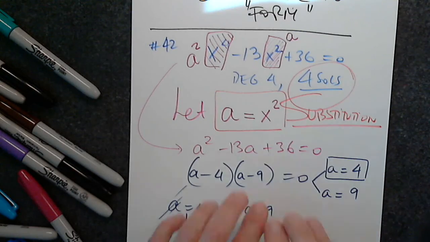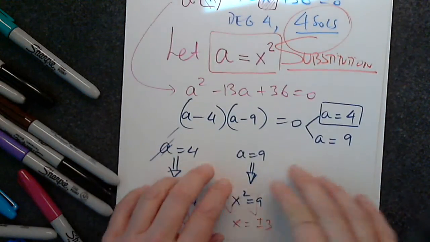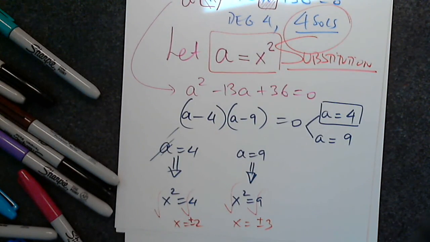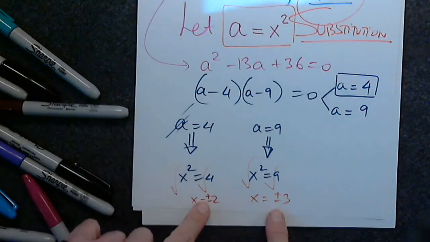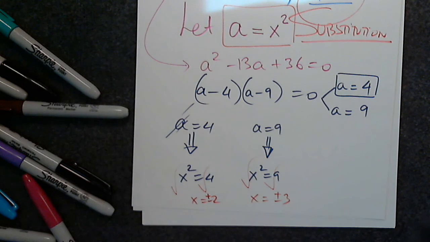We got a much simpler equation to solve. We solved this in terms of a, but that is our inside protocol, if you want. We still have to present the solution in terms of x. We can't use a as the final answer. And we also expected 4 solutions anyway, so we got the 4 solutions.